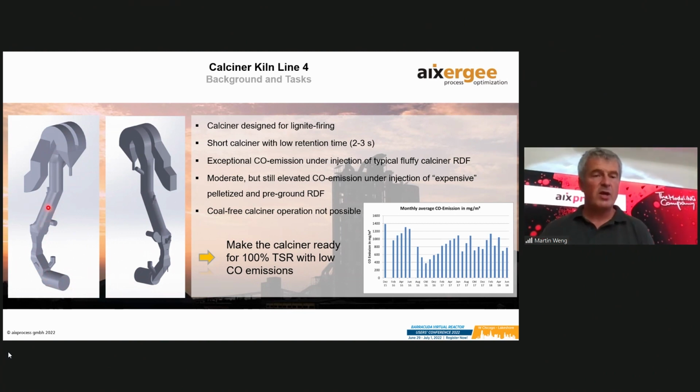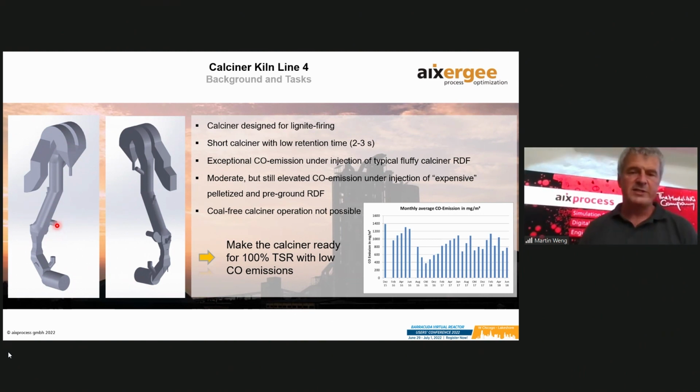And here we have an upward duct with in the order of magnitude of 4 meters in diameter. And you see a bit of complex geometry on the top that is for mixing purposes. And there are several ports for injecting the raw meal and the fuels.